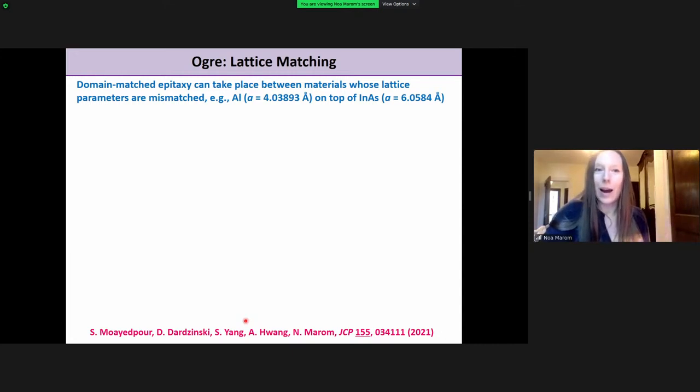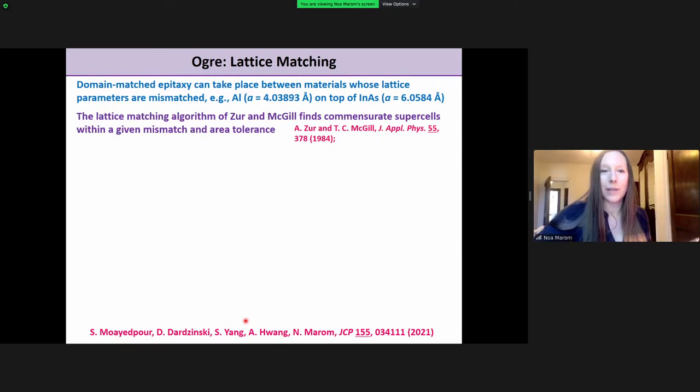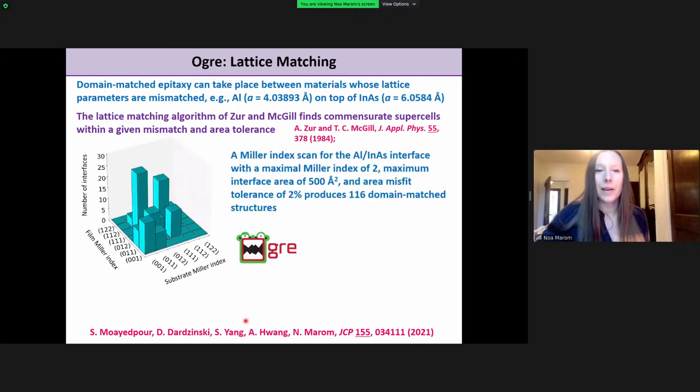But you can also have domain matched epitaxy between two materials whose lattice parameters are mismatched if you have supercells with integer numbers of cells of each material that form a commensurate interface. And there's an algorithm called the Zur-McGill algorithm that can help you find commensurate supercells within a given mismatch and area tolerance. And we implemented this algorithm.